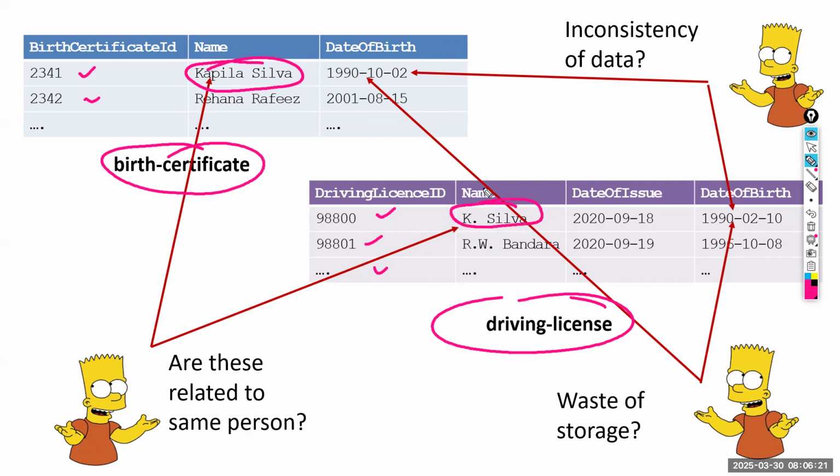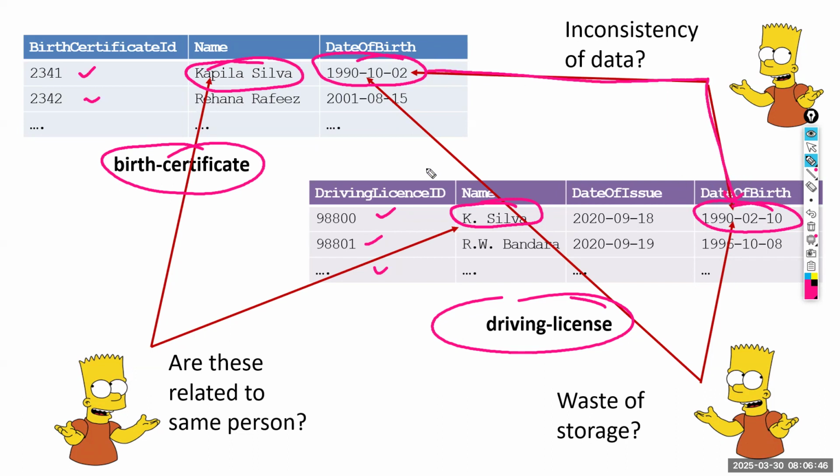Possibly these two entries refer to the same person. We don't know. Maybe. And you can see this is 1990 10 2. This is 1990 2nd of 10. Maybe the formats are different, same date of birth.